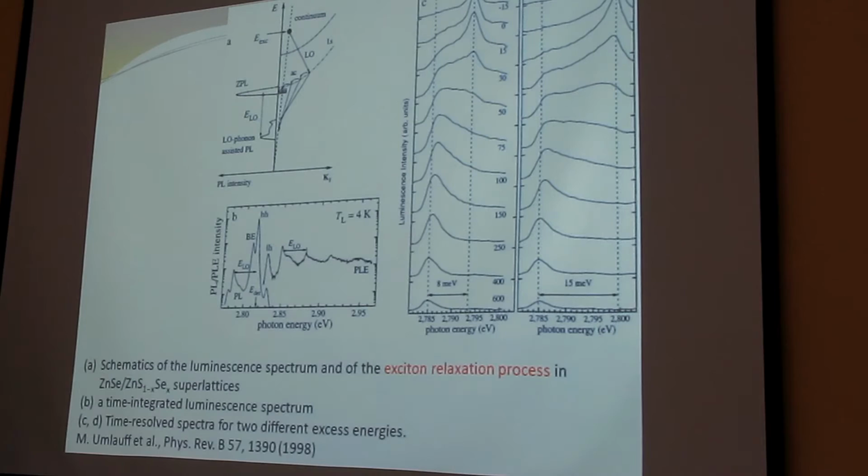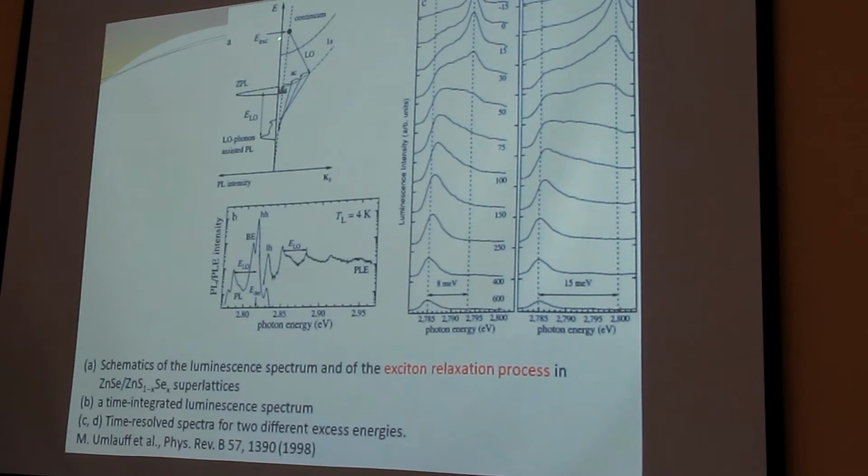This is another example for intraband relaxation. We were growing zinc selenide, zinc sulfide selenide superlattices. This is the zero phonon luminescence of the exciton in the quantum well. This is a dispersion in the plane. We excite one or possibly two LO phonon energies above this lowest dispersion curve.